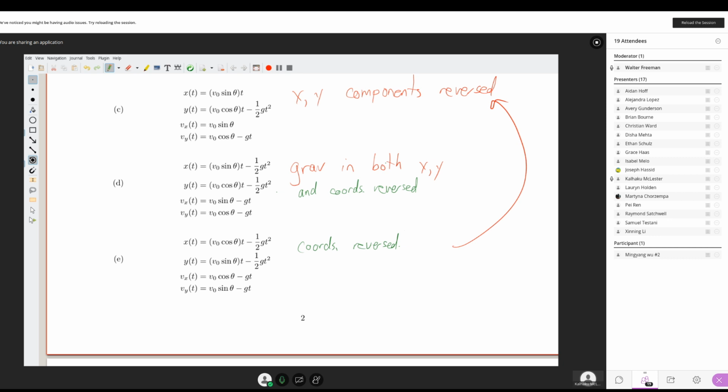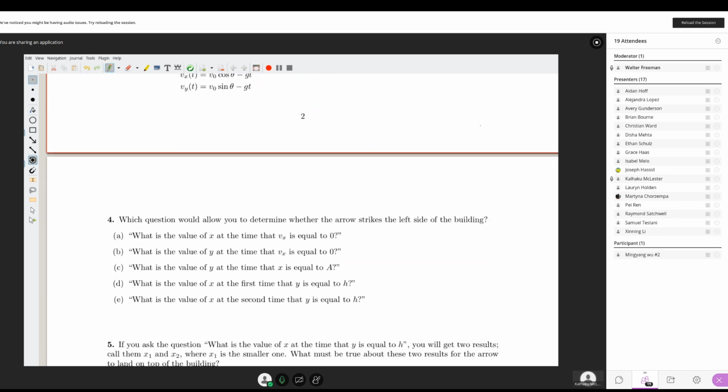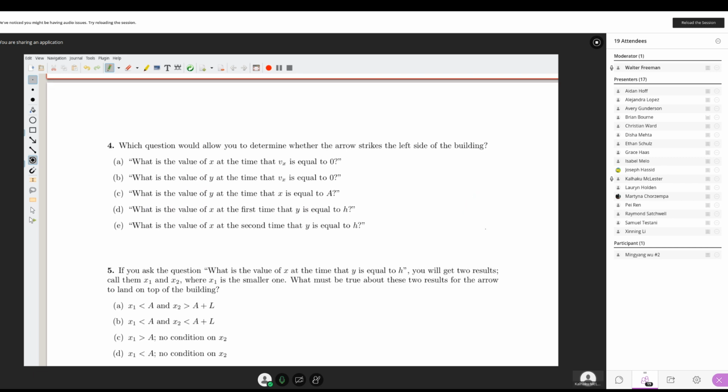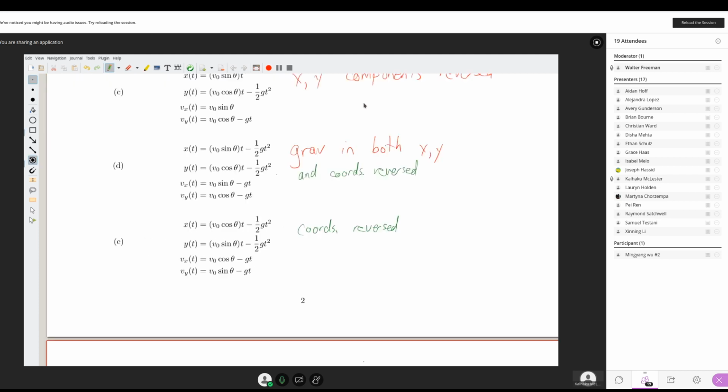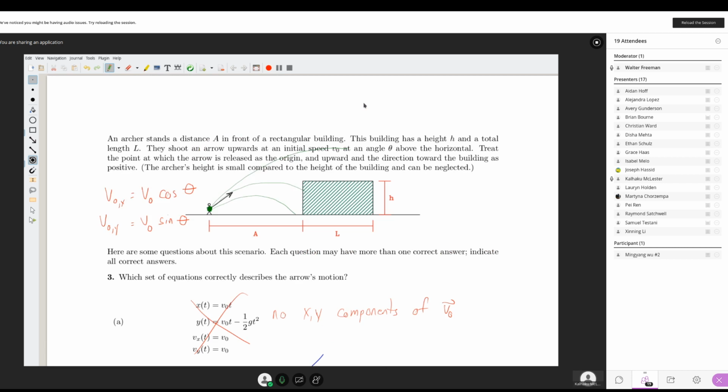Okay. Where were we? We were thinking about what question would let you figure out at what time the arrow hits the building. So I will scroll back up to this and let you all ponder that.